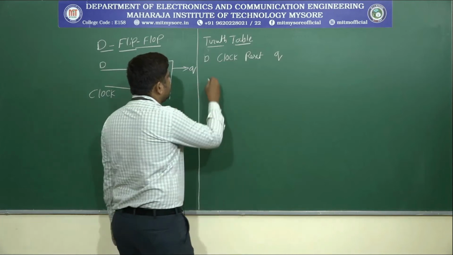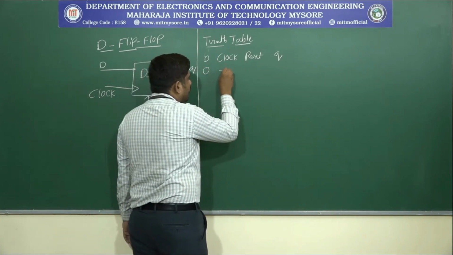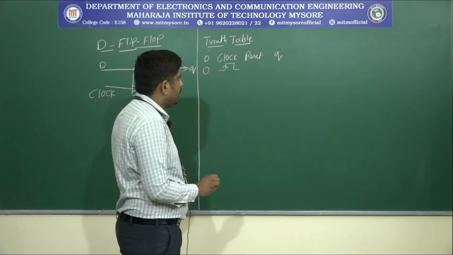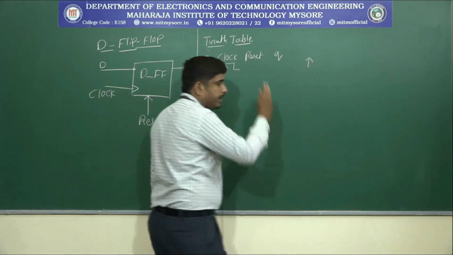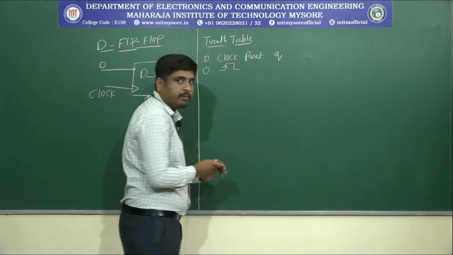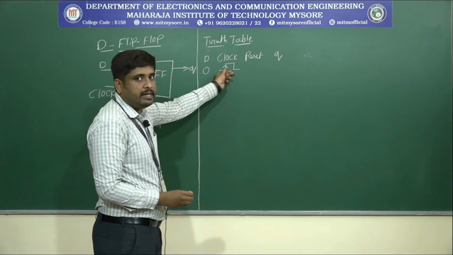Initially we consider D equal to 0, and for the clock we write edge triggering. You can write it in words or simply with the edge symbol, which indicates it is an edge triggering one. We always write a standard format, so here the clock symbol indicates positive edge triggering.